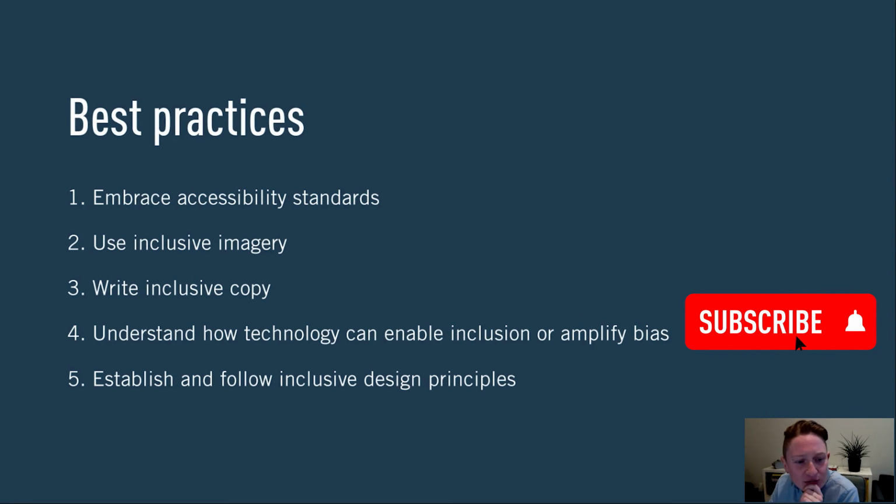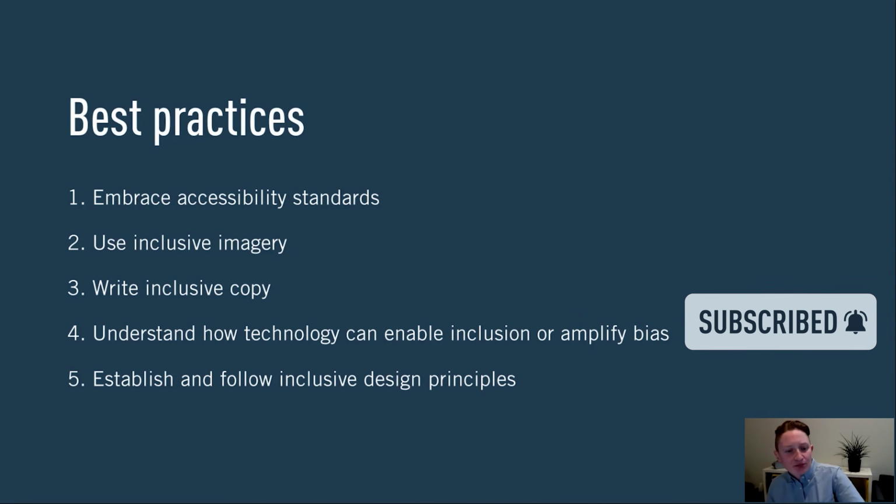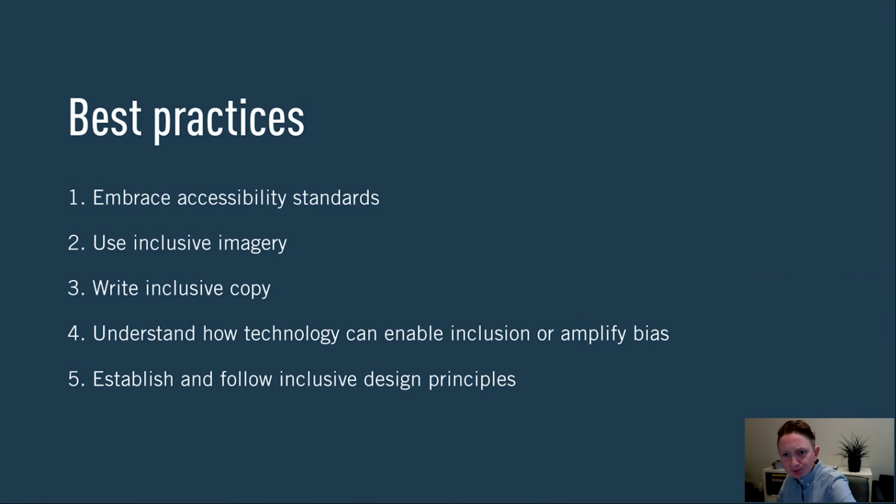And now let's just look briefly at some examples of inclusive design principles. Principles are basically rules and considerations that we as designers create so that we can make a statement of our intention of what we want our design to achieve, and then we can also use them to align with each other in our team, and we can reference them whenever we have to make design decisions so that we can make faster, more consistent, better decisions.